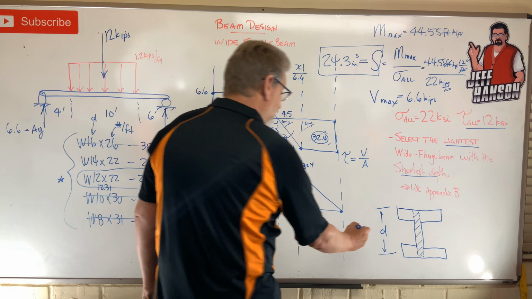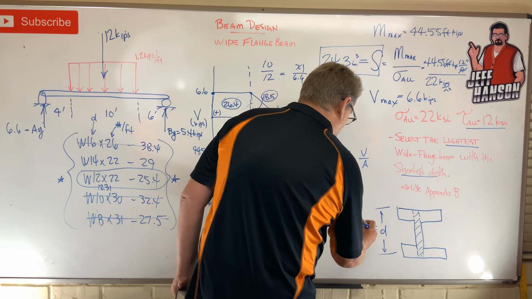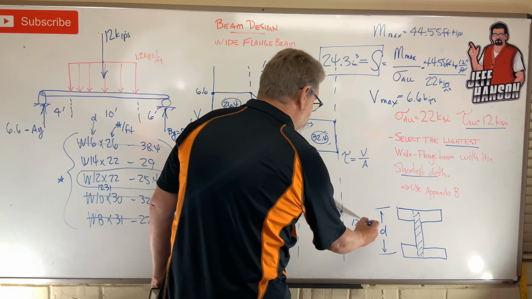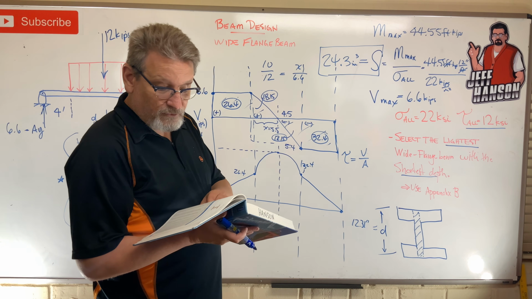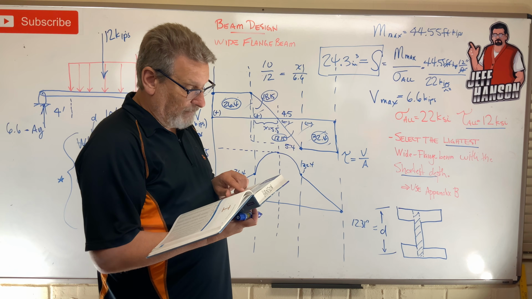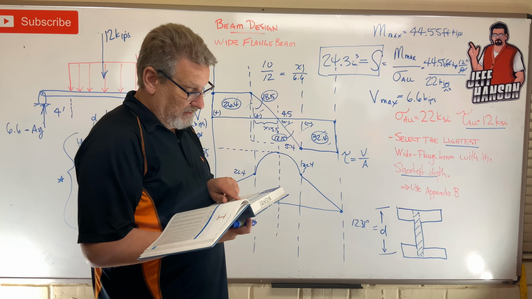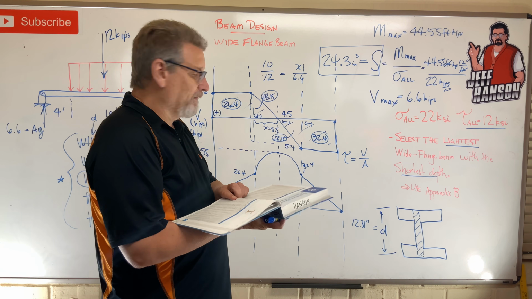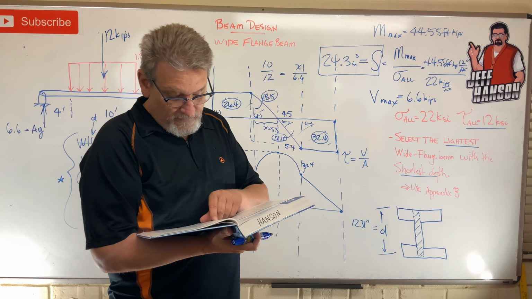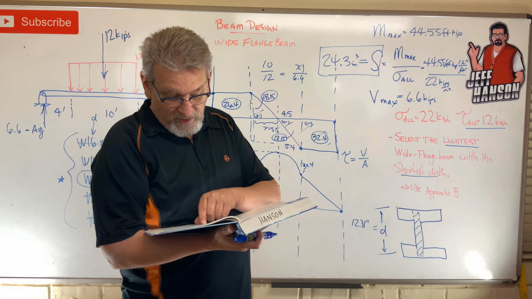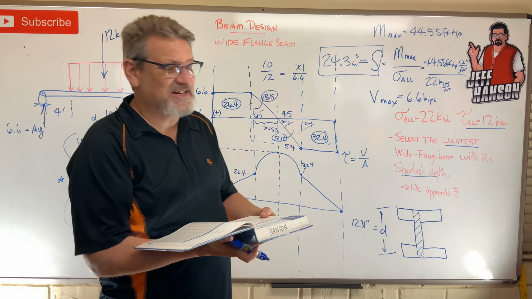Now, we already know the D. It's 12.31 inches. Now, we can also look up the thickness there, and it's called t sub w, the thickness of the web, for a W12 by 22. The thickness of the web is 0.260.